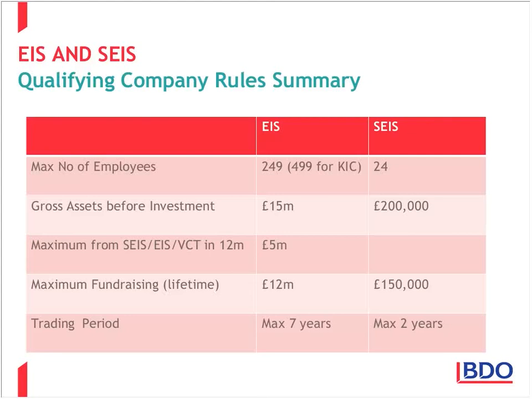And again, that £12 million includes all kinds of qualifying state aid. And then trading period, for CDIS, the company has to be in its first 2 years of trading, as I mentioned before. And again, since November 2016, there's a 7-year life for EIS investments, subject to certain exceptions. So I'll mention this a bit later on.